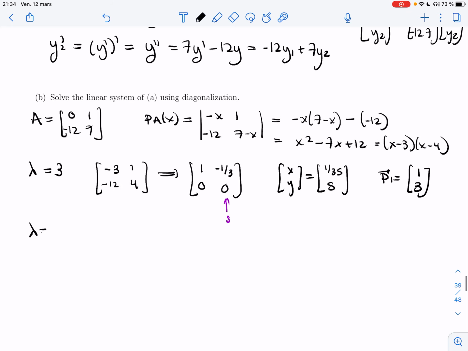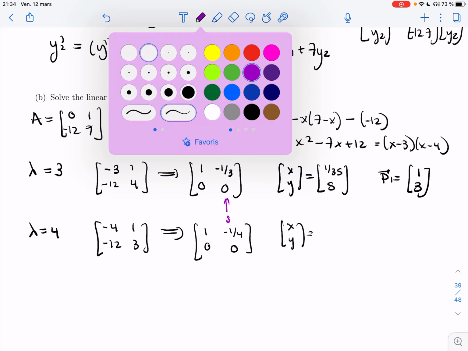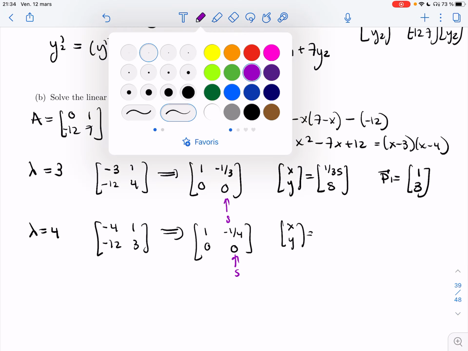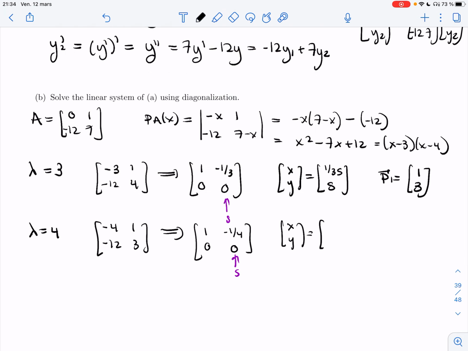All right, for lambda equals 4, that's going to give me minus 4, 1, minus 12, 3. If I reduce this, I'll get 1, minus a fourth, 0, 0. And so y is my free variable right here, x will be a fourth of s, and y will be s.